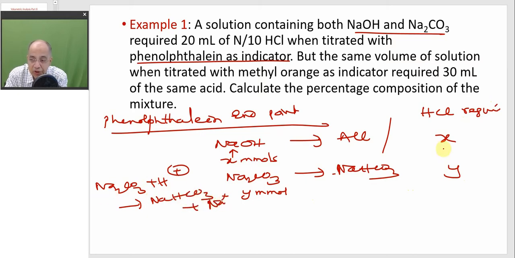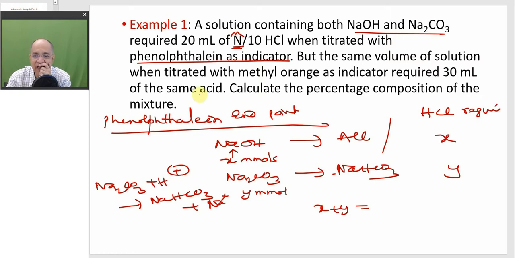So the number of moles of HCl required for this conversion is Y. So X plus Y is equal to the number of moles. You can find out 20 into this normality, which is to be converted to molarity immediately. For HCl the n-factor is 1, so this is also M by 10. Don't keep normality in your problem; convert it into molarity.